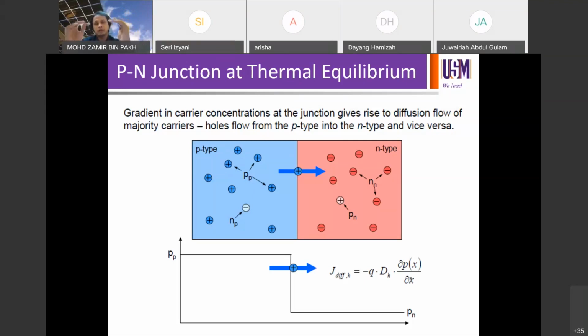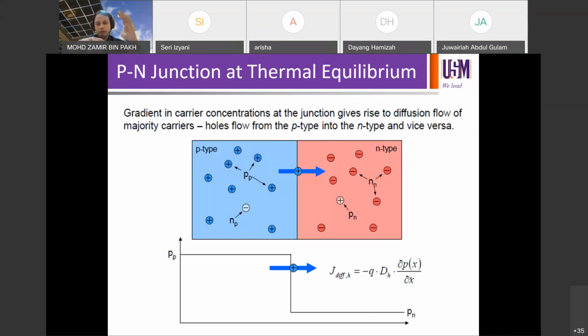So the moment holes diffuse into N-type, when they reach N-type, the holes will become minority carriers, because originally in N-type they are minority carriers. Only the magnitude is not a lot, because we do the law of mass action calculation. Let's say the majority in N-type is 10^16, therefore the holes would be only about 10^4, which is so little in comparison to 10^16.